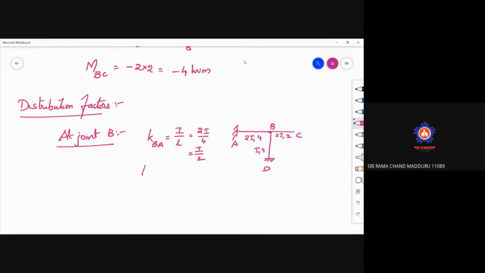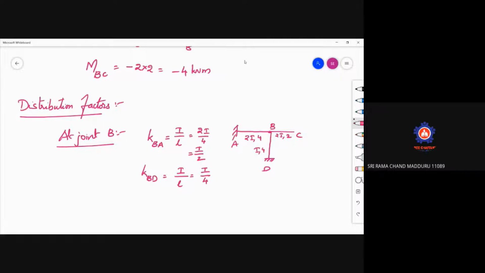Coming to KBD, which is also I by L because the far end is fixed. The moment of inertia for BD is I and the length is 4, so I by 4.